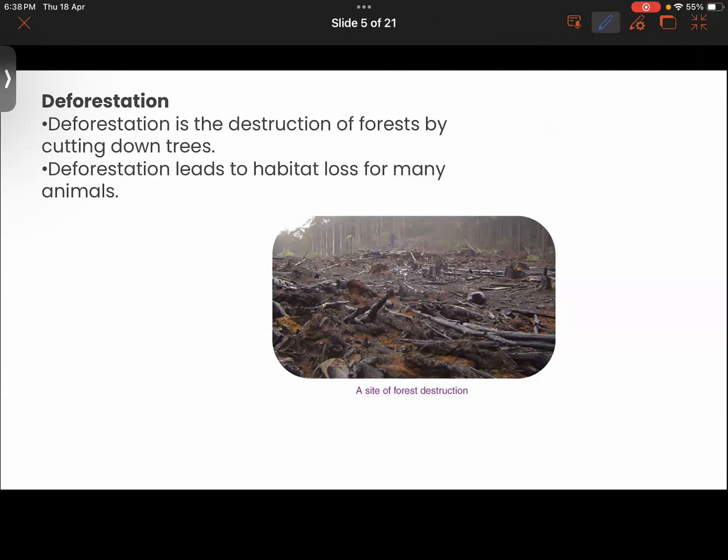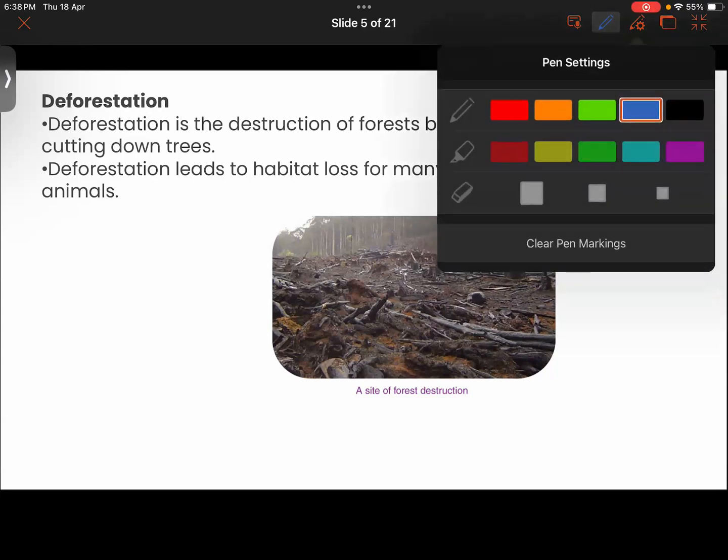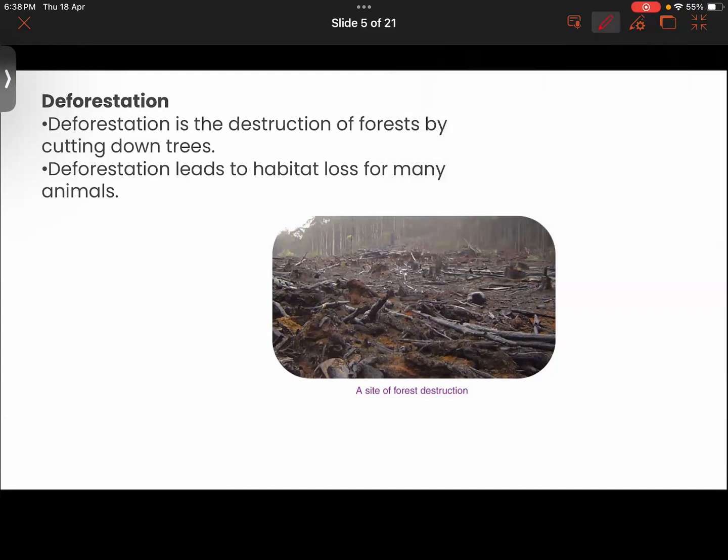So in that process, lots of trees in the forest are releasing oxygen into the environment. Now think about this, that when a huge number of trees are cut down, when large scale cutting is done, what will happen is the amount of oxygen in the atmosphere will get imbalanced.